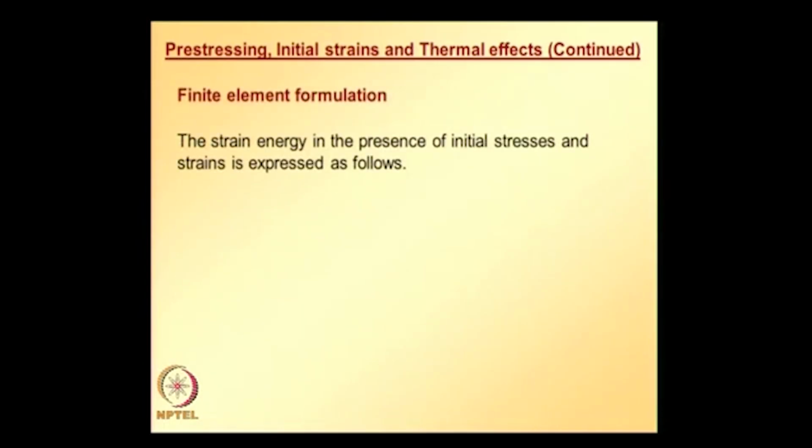So, using this definition, strain energy in the presence of initial stresses and strains can be written like this. So, only difference here is instead of epsilon, epsilon minus epsilon naught is used in the first expression, second one is coming from the strain energy because of developed strains in addition to initial strains and initial stresses.